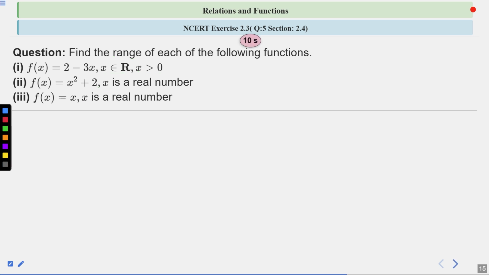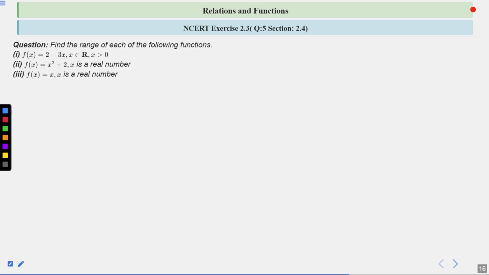You will have some seconds to try this problem. Then afterwards we will move on to the solution slide. So your time starts now. The time is up. Quite a simple problem.